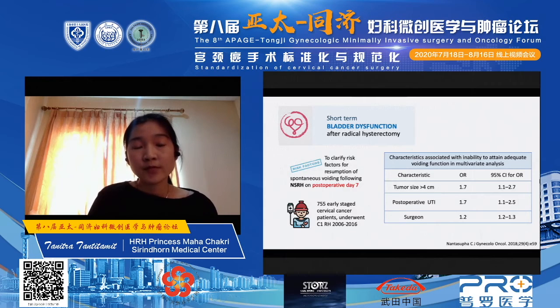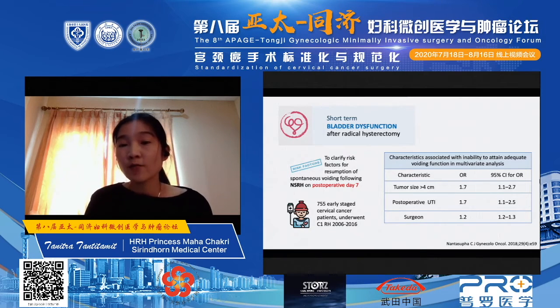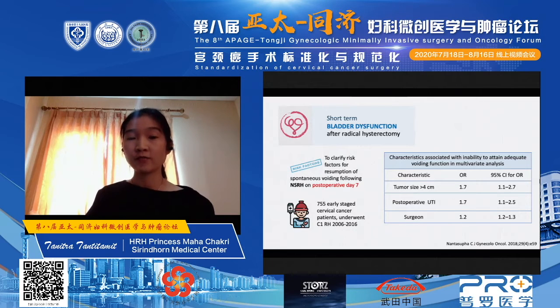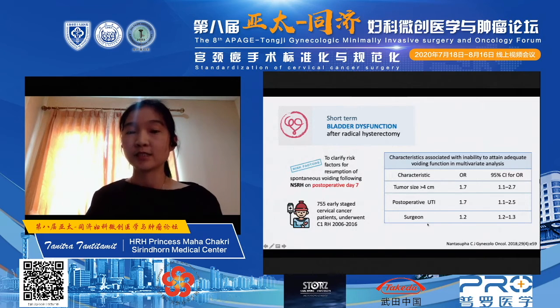More than 700 patients underwent type C1 radical hysterectomy from 2006 to 2016. The results of multivariate analysis showed that patients with a large tumor size, more than 4 centimeters, post-operative urinary tract infection, and surgeon experience had a higher risk of voiding dysfunction.